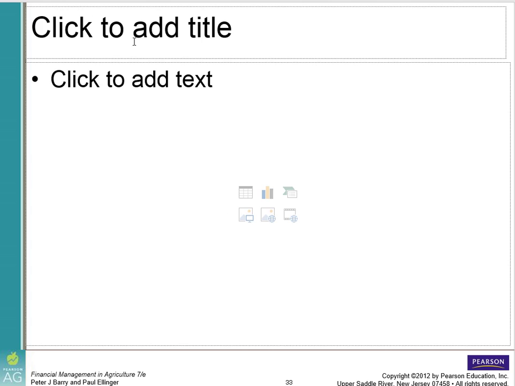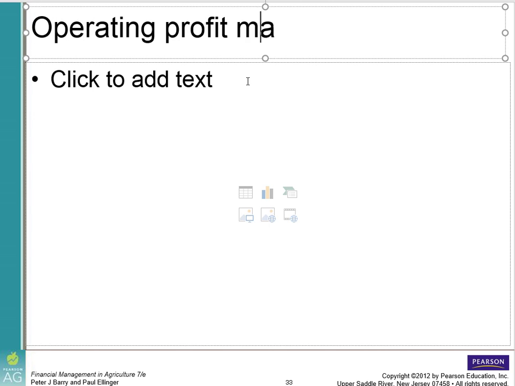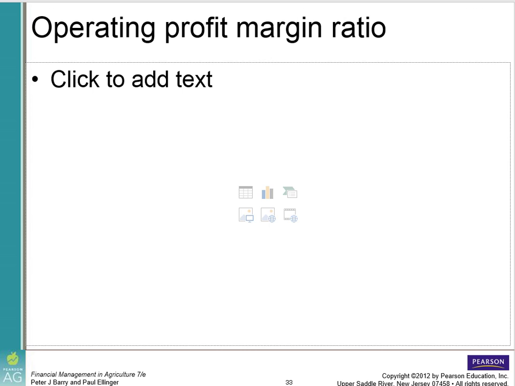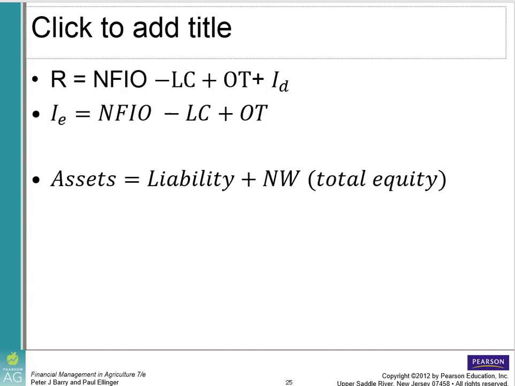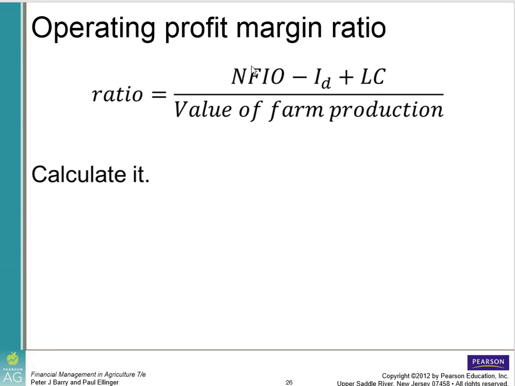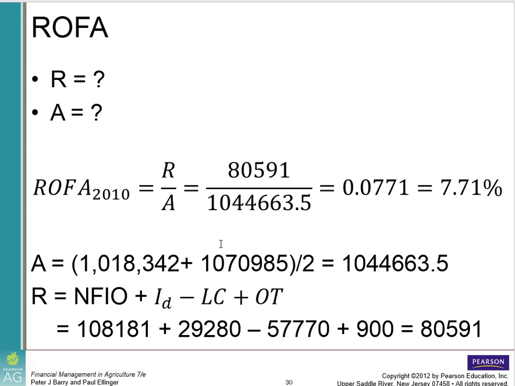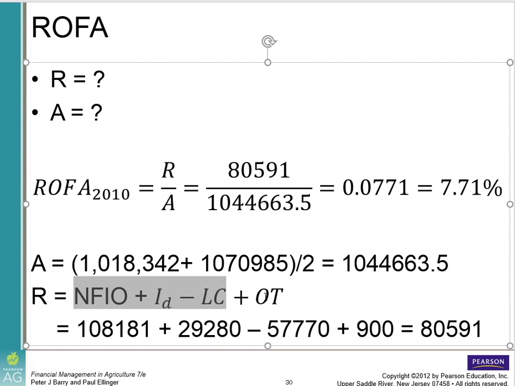Finally, let's move on to the operating profit margin ratio. Remember, in the operating profit margin ratio, you do not need other income. Okay, so it's everything is just R except the other income term. So if I were to go back to this slide, it's just these three things except the other income.